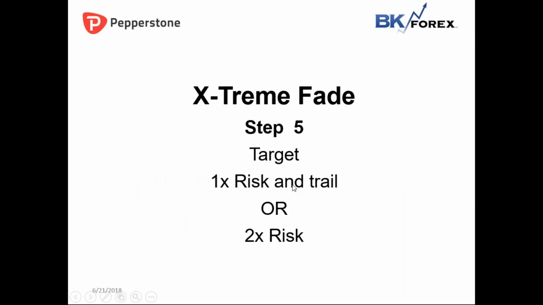So you target 1 times risk and trail your position, or you can go for 2 times risk. Trailing your position would just be once it moves to 1 times risk, you close half of the position, and then you trail it, seeing if you can get more, simply because the stop was so tight.